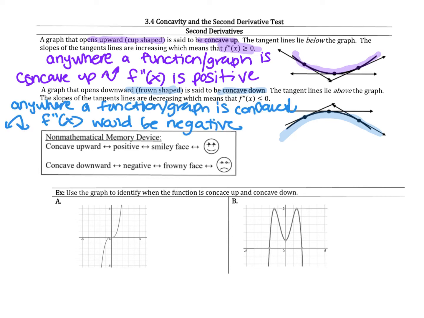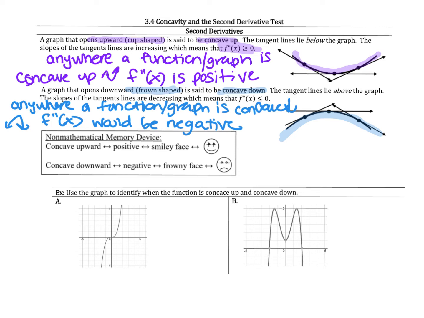So again, the first derivative helps us identify where the function is increasing and decreasing and where that is changing, relative extrema. The second derivative helps us identify where a function is concave upward, opening up and U-shaped, like a smiley face, or concave downward, where the second derivative would be negative and it would make sort of a frowny face.